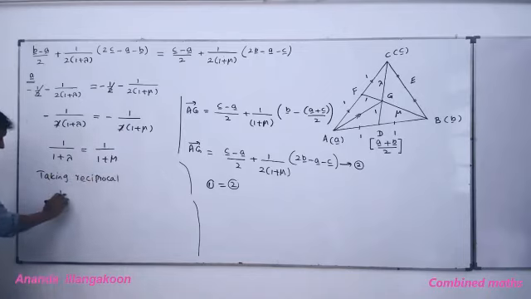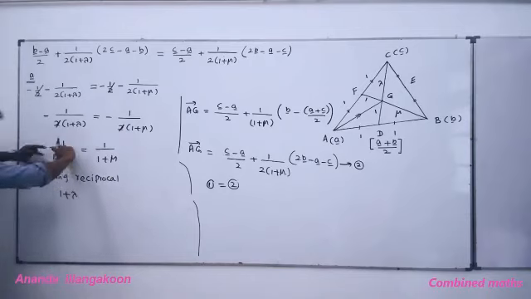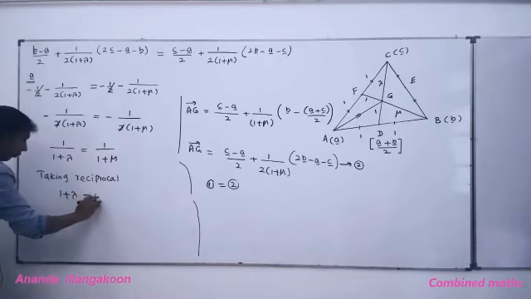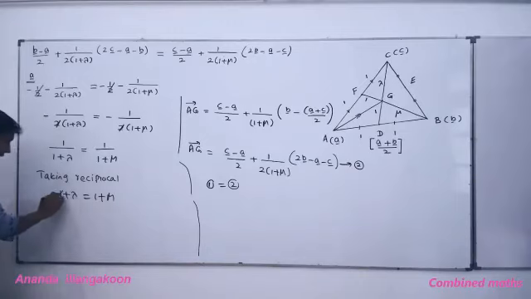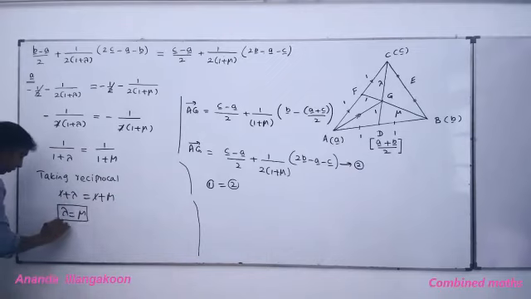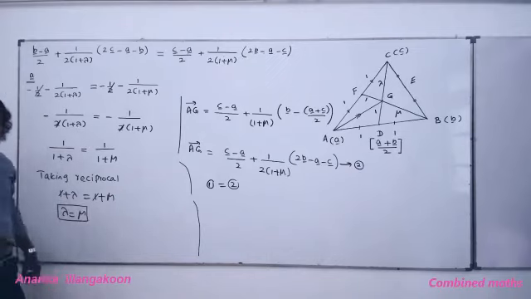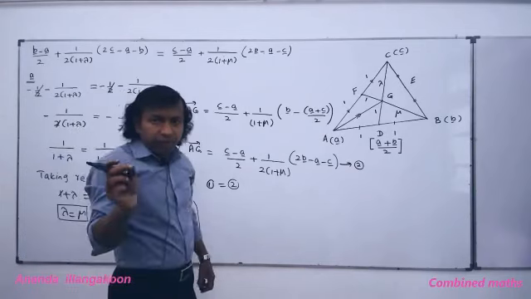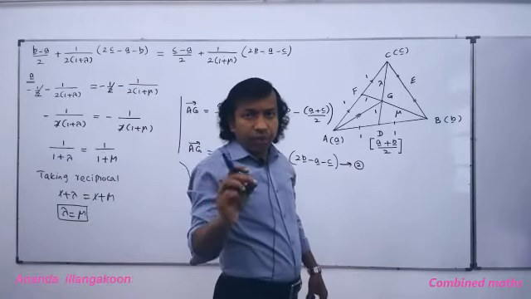What do you get? 1 plus lambda. Take this other way around. 1 plus mu. 1 and this 1 we can cancel down. That gives lambda equals mu. That's a good result to us. That we obtain by equating coefficients of A on both sides.